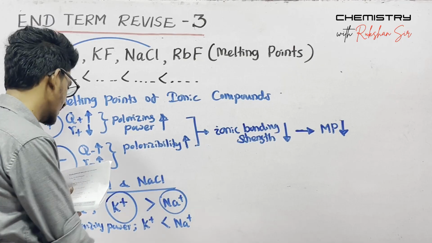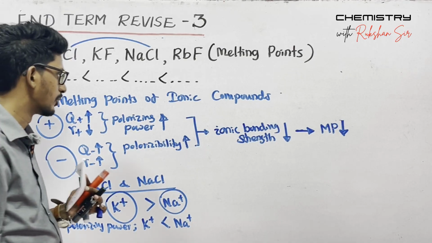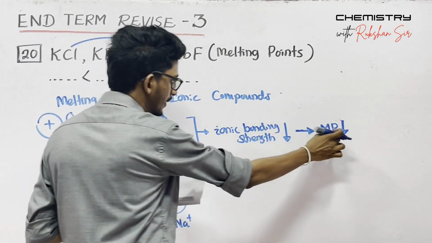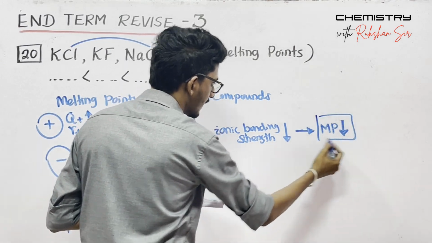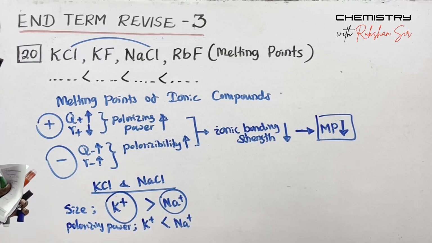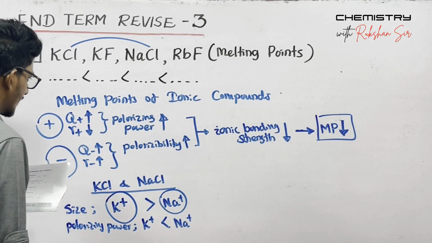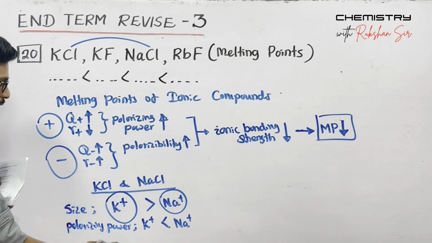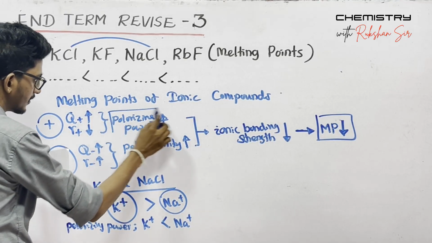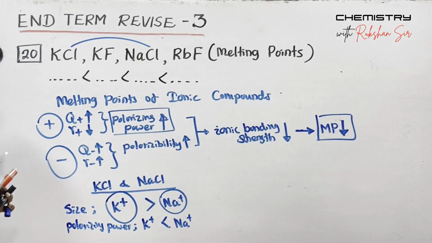So the one with the smaller melting point should be the one with the greater polarizing power, an inverse relationship.